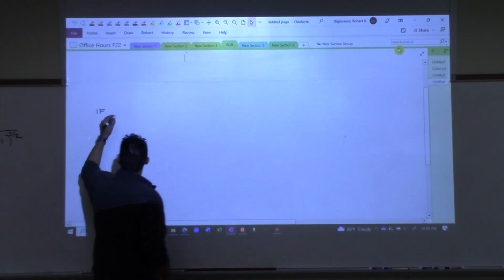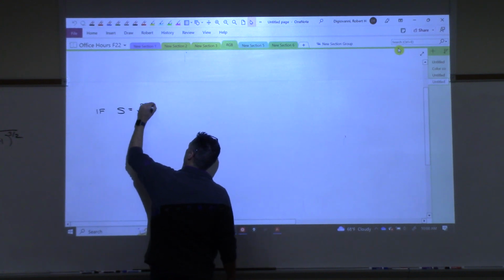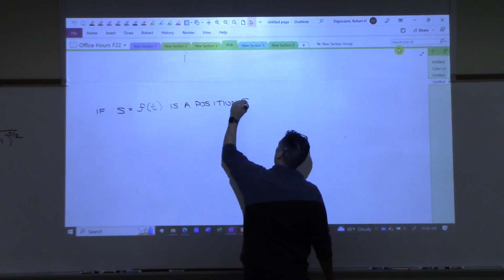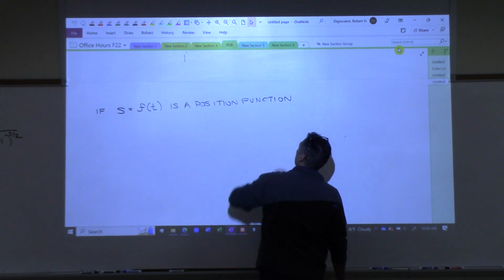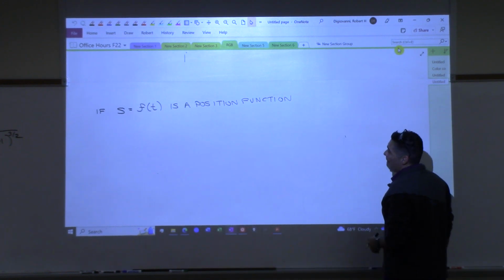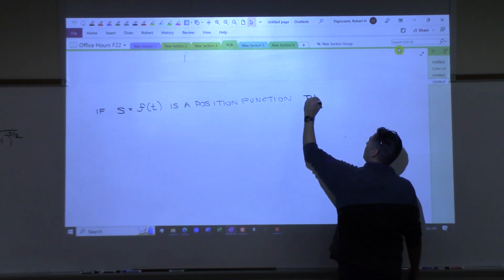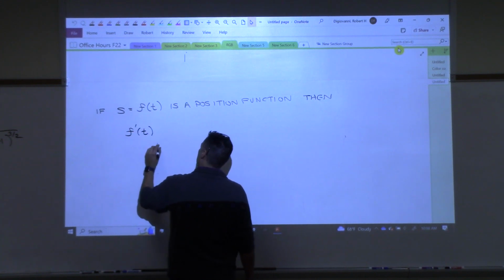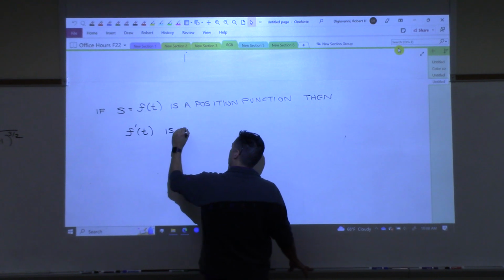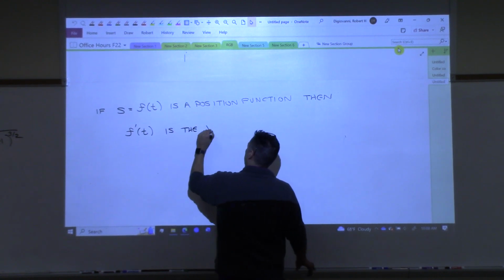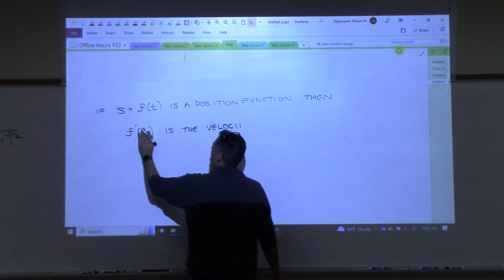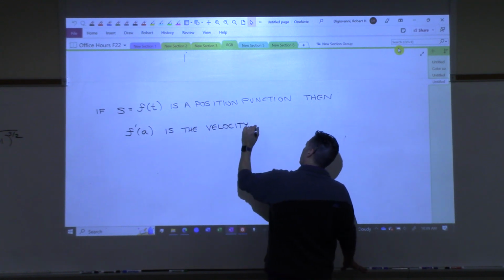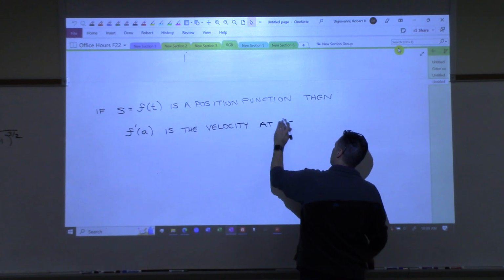If S equals f of t is a position function, I'll explain what I mean by position function, then f prime of a is the velocity at t equals a.